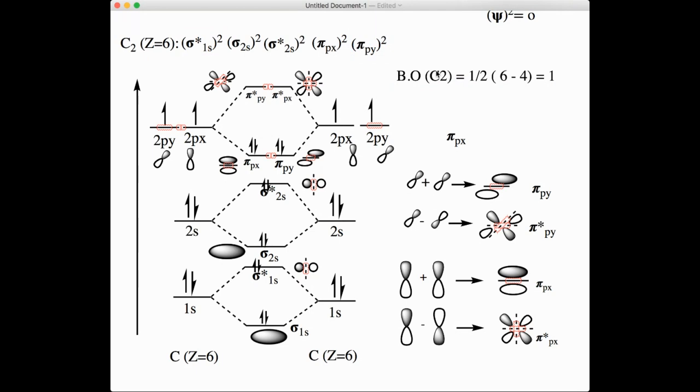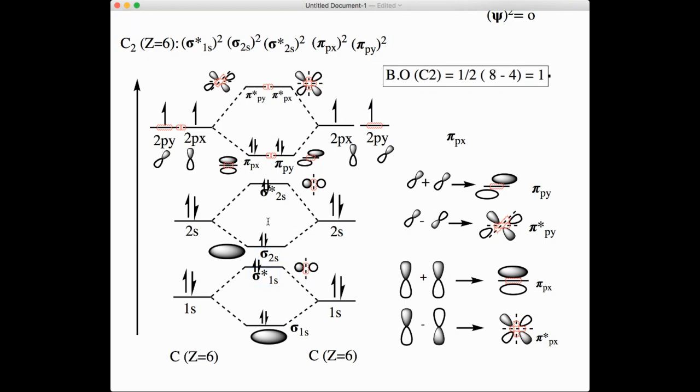So guys, what would be the bond order for the C2 molecule? How many electrons do we have in bonding molecular orbitals for the C2 molecule? Okay, so we have 8 electrons in bonding. So this is 2, another 2 makes 4, 6, and 8. How many in antibonding?